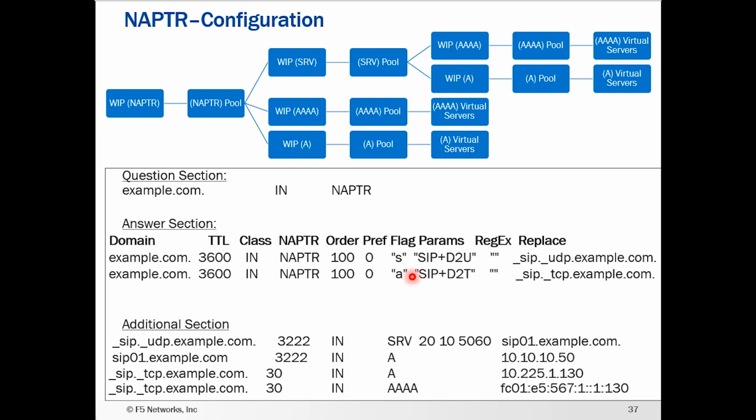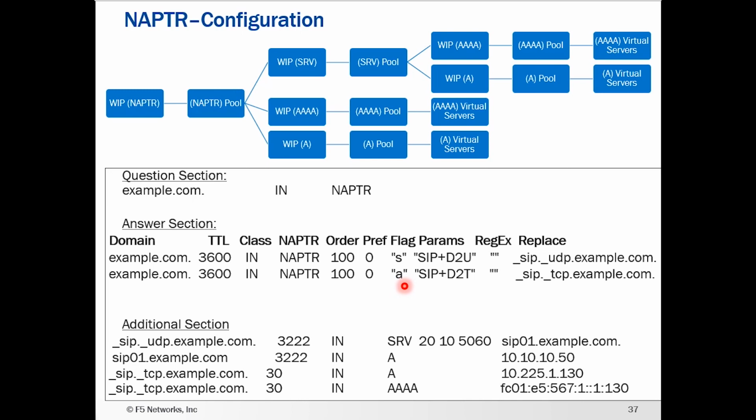If we look down in the additional section, you can see this UDP that was an SRV record pointing to our SIP01.example.com that was then resolved down to this IPv4 address. Then instead of going to an SRV record for this one, we have a type A defined. In this case we had a quad A and an A here, so we got an answer for each of those when we went to do the full resolution.